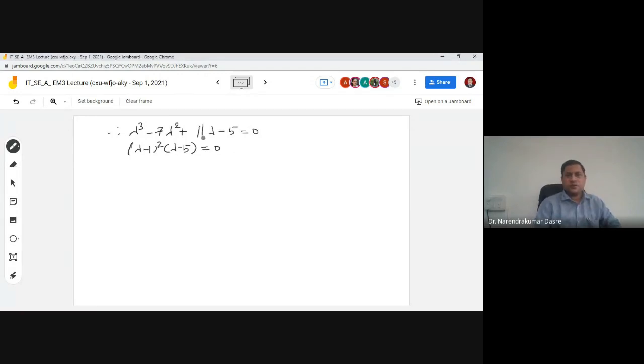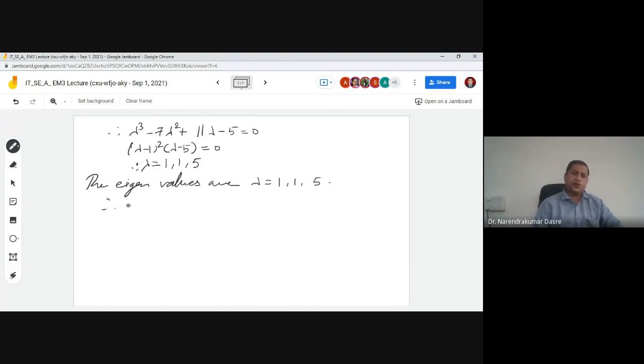Yes. So this is 11. And now you can say that lambda equal to 1, 1, 5. So we can say the eigenvalues are lambda equal to 1, 1, 5.